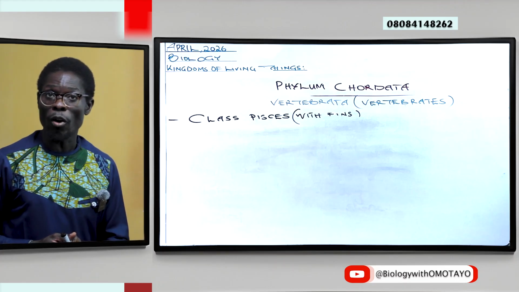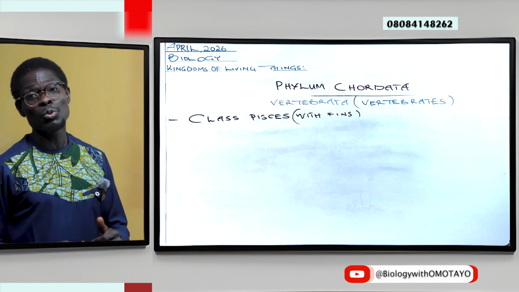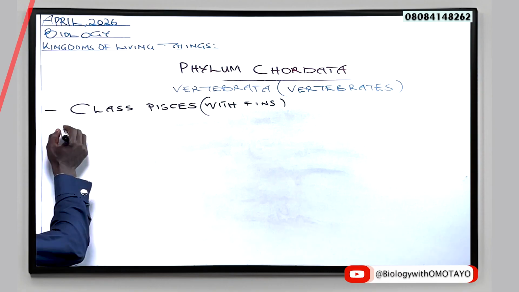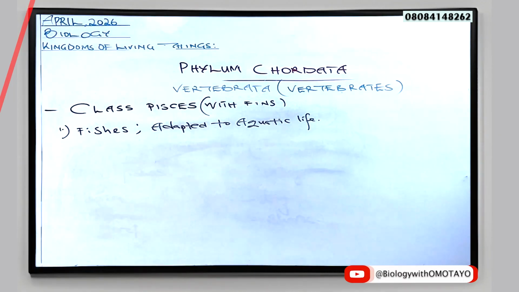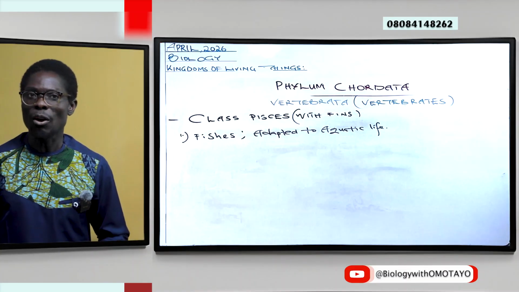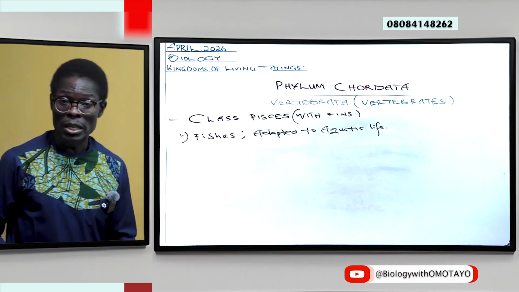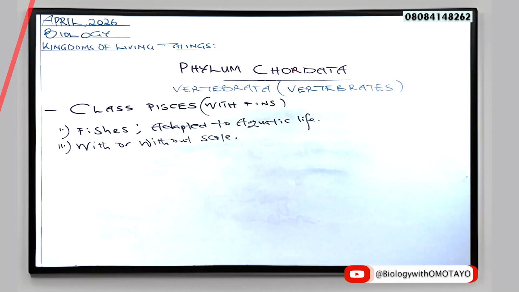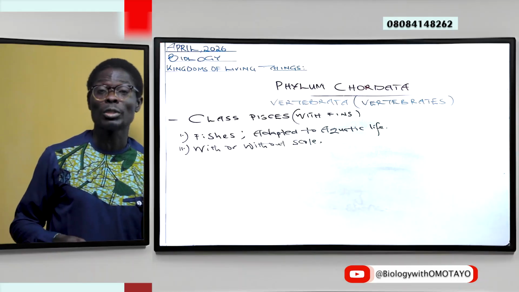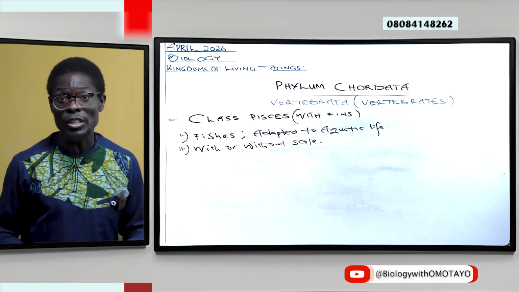They are a group of organisms basically referred to as fishes, and they have good adaptation for aquatic life. Here, organisms have body covered with or without scale. The scale usually serve the purpose of protection in aquatic organisms. Also, they possess fins for movement.